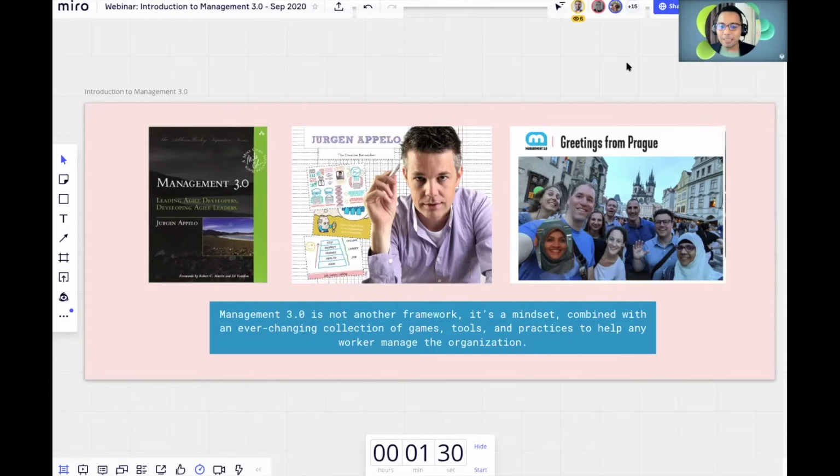So really, it is not a framework, it's not a model, but it's really things that you can use, activities, practices, tools that can help you become a better leader in your environment. And a good point to make sure is that it is a growing practice, continuously being updated based on experiences from the field, from agile coaches, from organization development people, and they are bringing all these experiences and tools that they have been using effectively into the fold of Management 3.0.